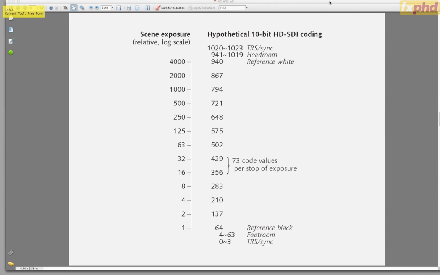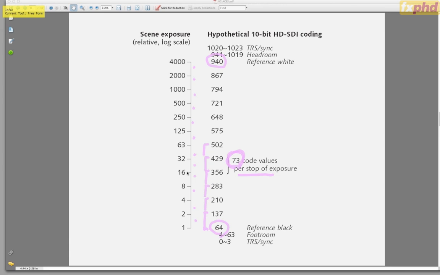I made this up, but I made it up choosing 73 code values per stop of exposure. So I'm allocating exactly the same number of code values to each stop, and that would be characteristic of pure log coding. And I picked 73 because that happens to be the number that goes exactly from 64 to 940 with 12 stops. 1, 2, 3, 4, 5, 6, 7, 8, 9, 10, 11, 12 stops of scene information.